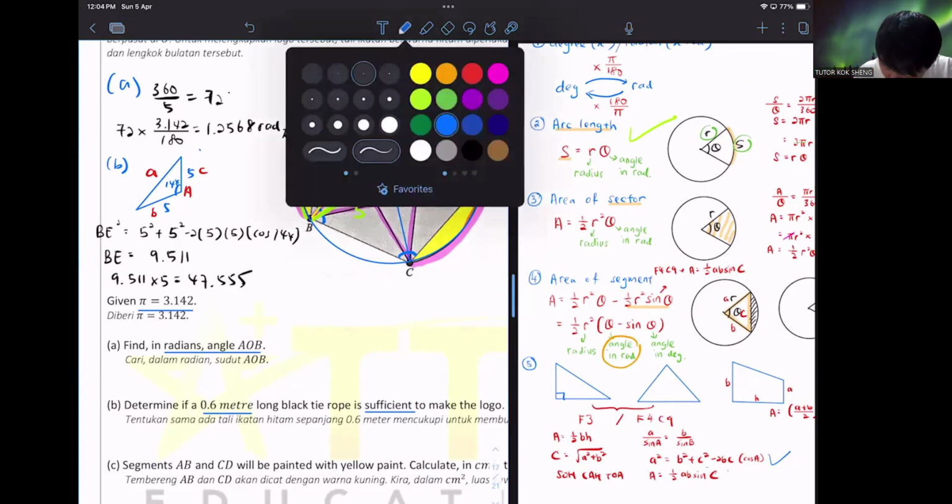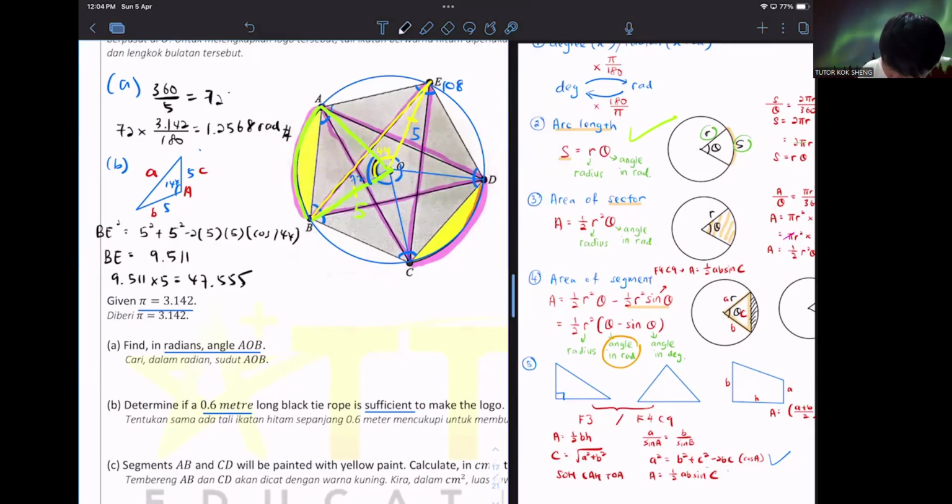Okay. Arc AB, radius 5, theta is 72. We already found the radian just now, 1.2568. So 5 times 1.2568 is 6.284.